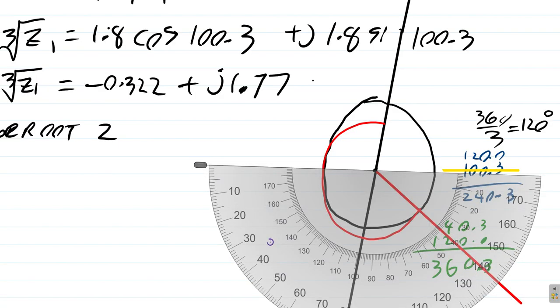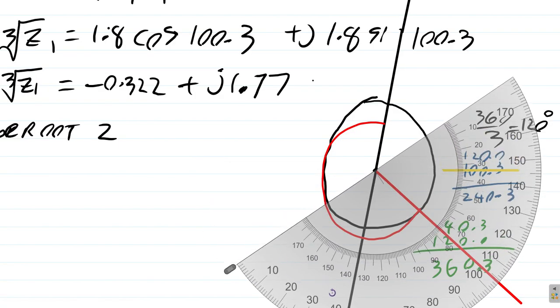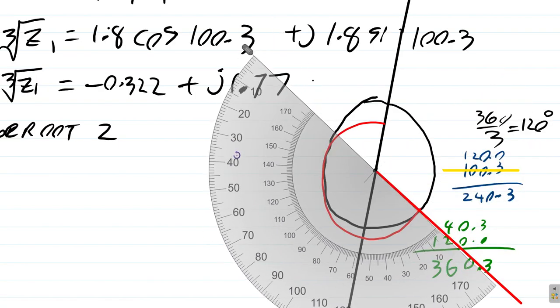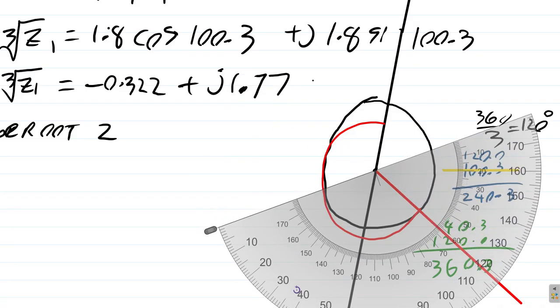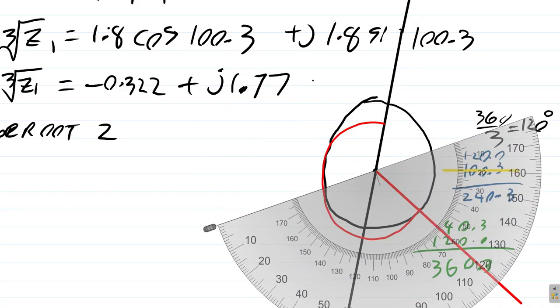If you rotate from 240, 180 would come up this way, and then 60 more. So if you add another 60 to it, the next line would be this.